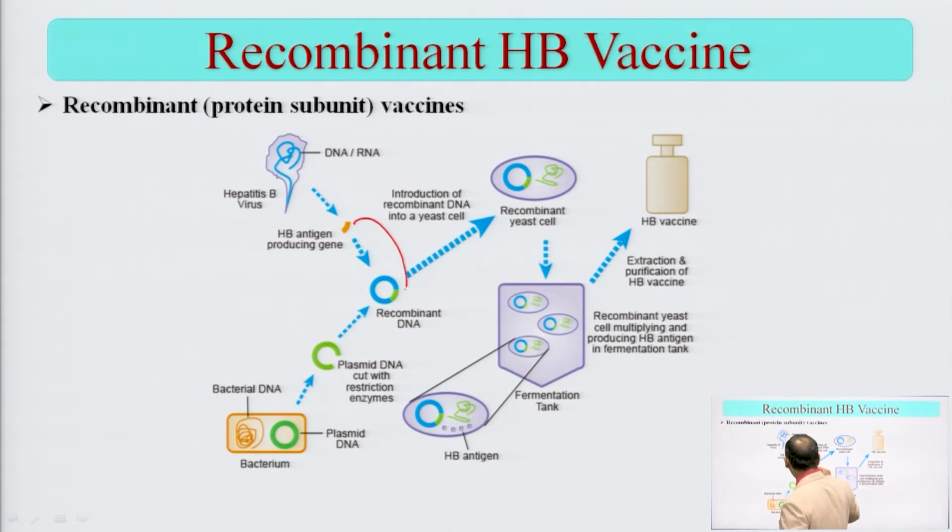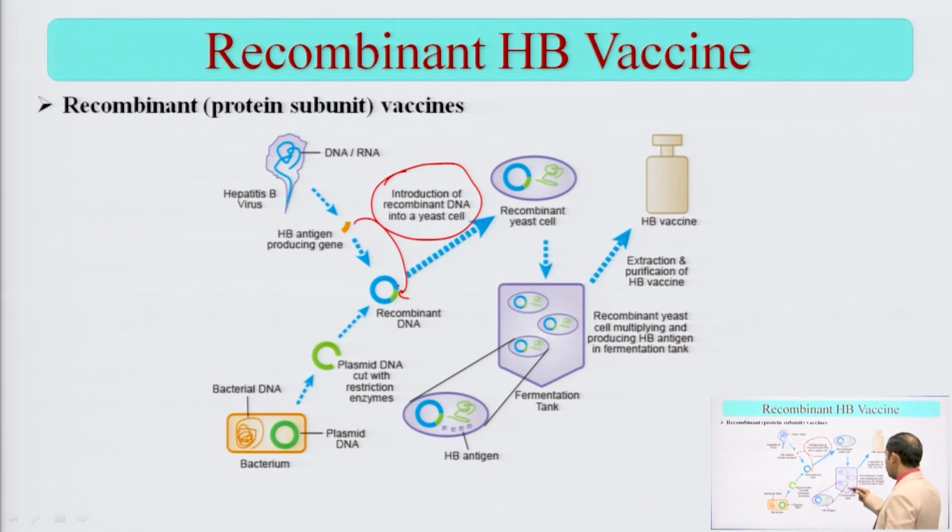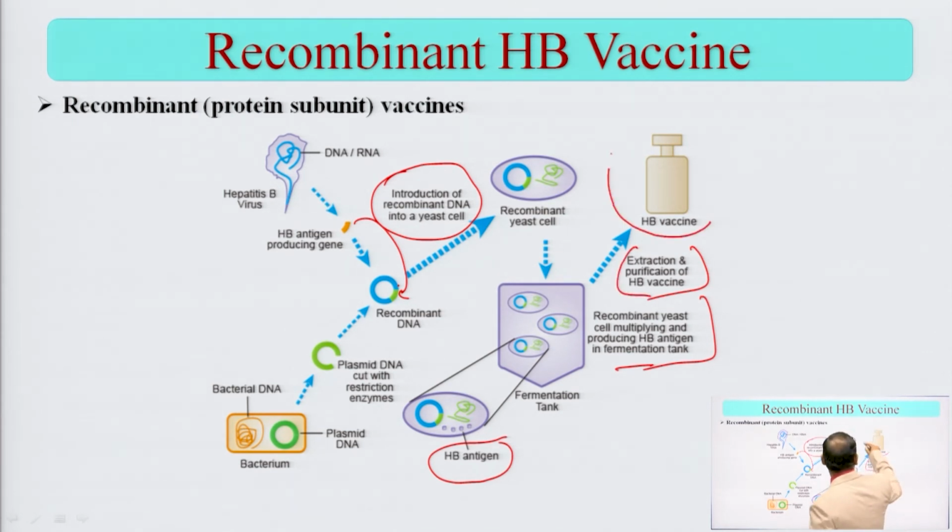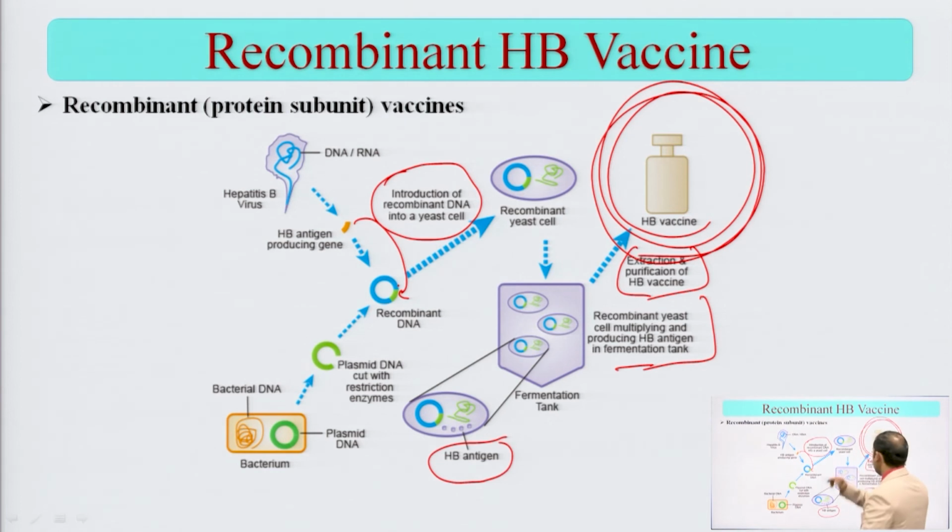Now you introduce the recombinant DNA into a yeast cell. When you insert that into the yeast cell, it will further divide. You can see hepatitis B antigens are being produced within it. After your recombinant yeast cells multiply and produce this hepatitis B antigen in the fermentation tank, ultimately you do extraction and purification, and then you get the hepatitis B vaccine.